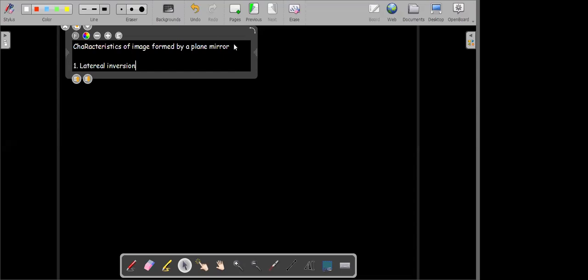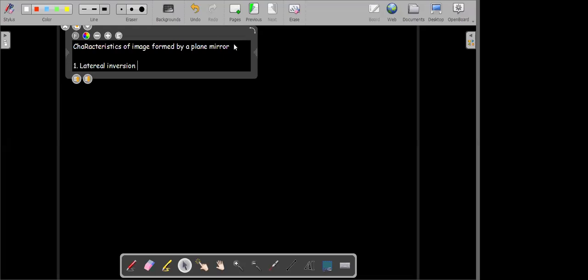Lateral inversion means the left side appears right and the right side appears to be left. So such an image we call a lateral inversion.